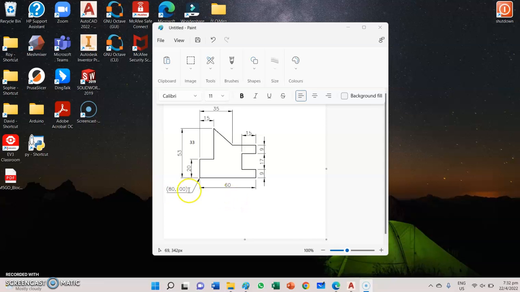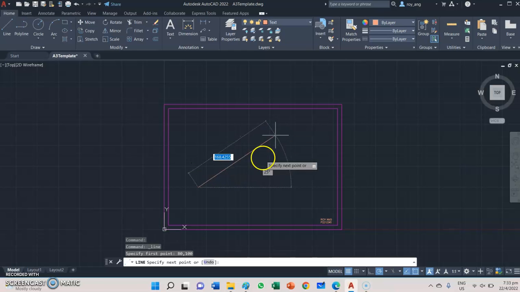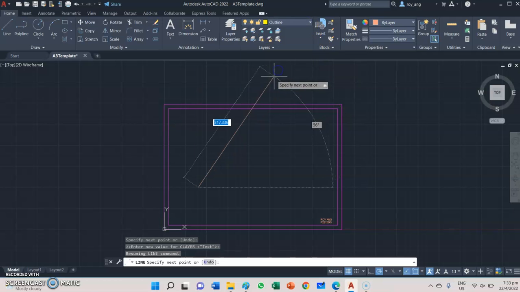The starting point is 80, 100. So I start with the line command, and the start point is 80, 100. The minute you put the comma, it goes to the y coordinate, and you can start off from that. Let me change this to the outline context.